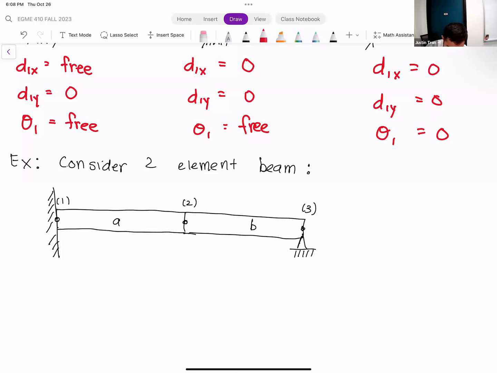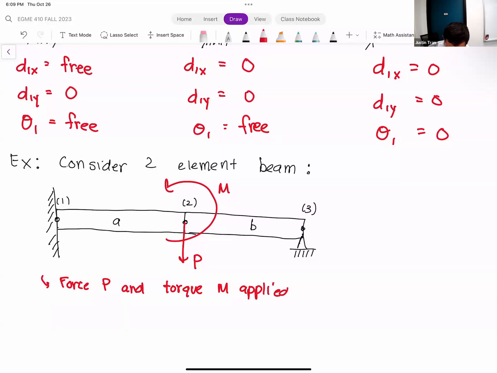And then for node 2, we're going to have a downward force with the magnitude of P. And at the same time, we're going to apply a torque onto node 2, and so that's going to have a value of M. We have our force P and our torque M applied on node 2.